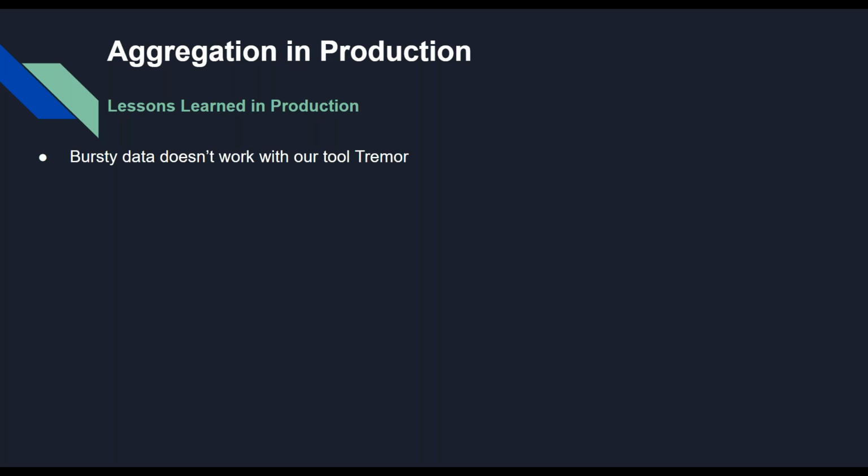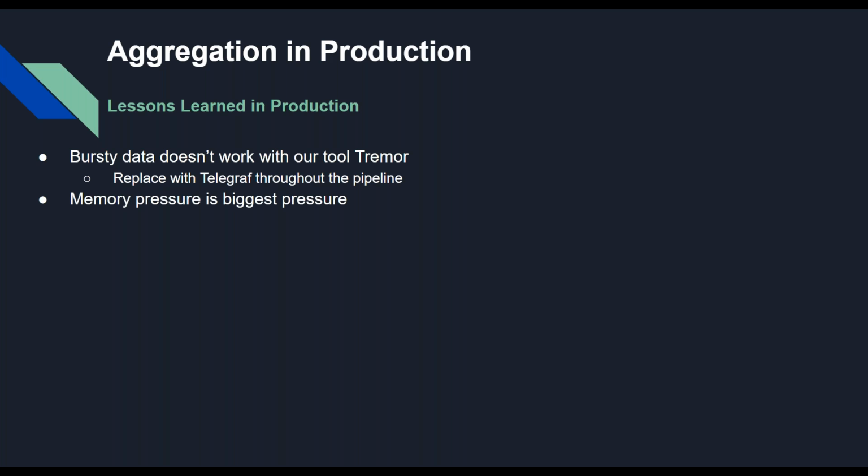So we knew that we'd have to replace Trimmer except for the initial layer within the pipeline. So we went back to Telegraf just because that handled the bursty data fine and would keep retrying to deliver the data if it ever had any sort of failures, such as an API being overwhelmed temporarily.